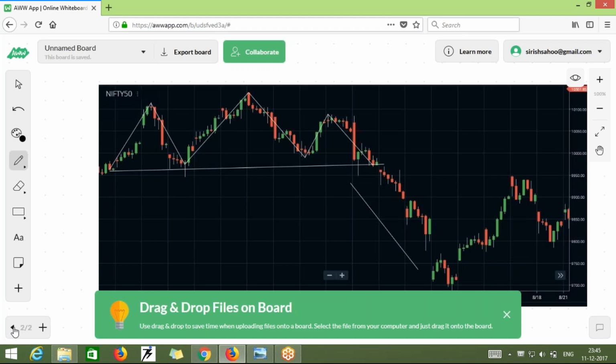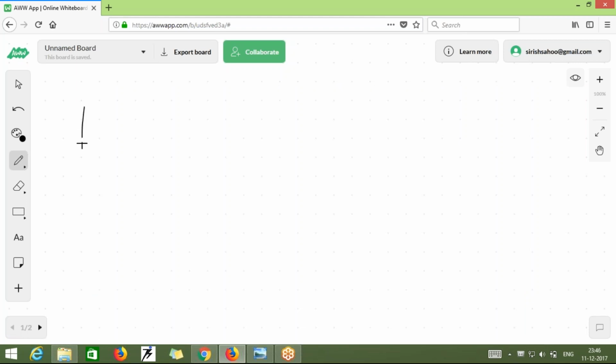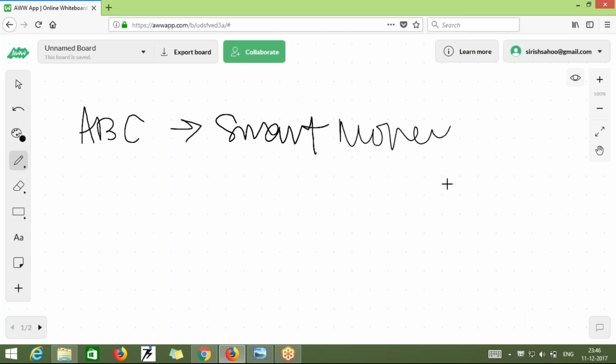That is ABC. So ABC we are considering as smart money. By taking ABC into consideration, we will see how they are having an effect on these patterns.